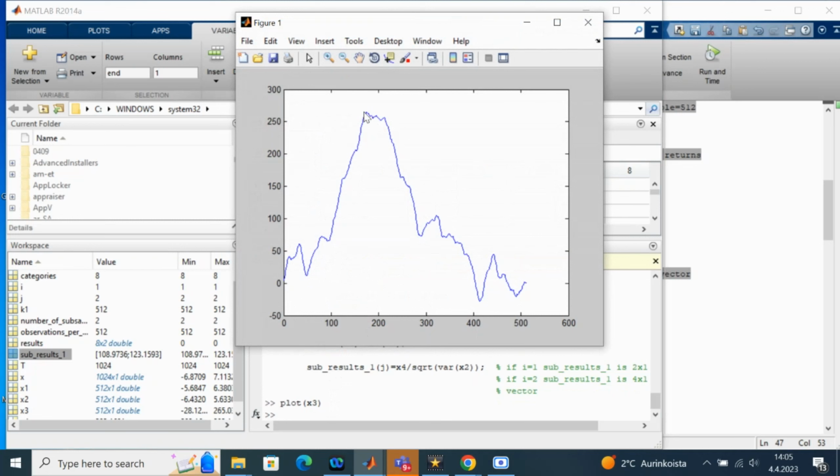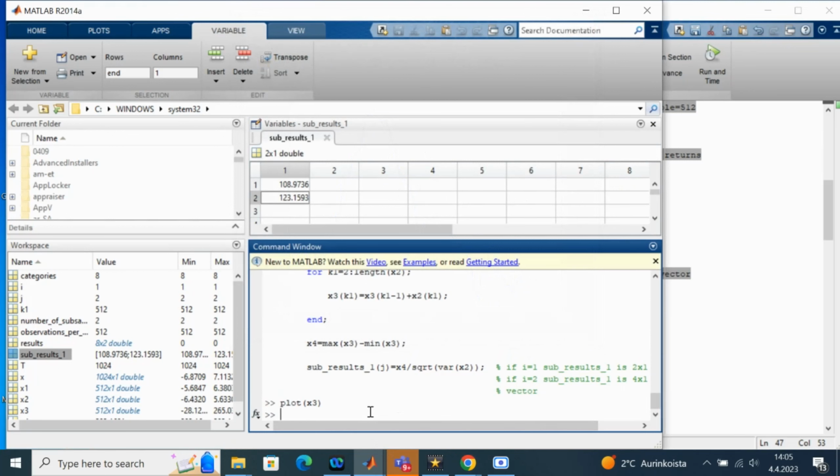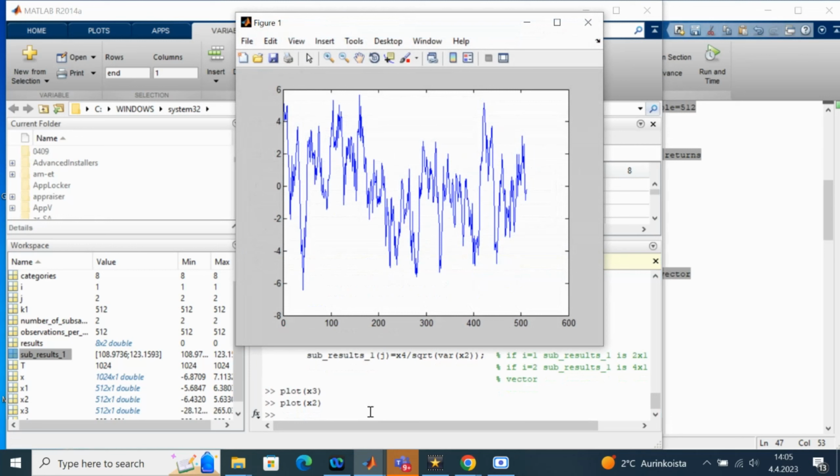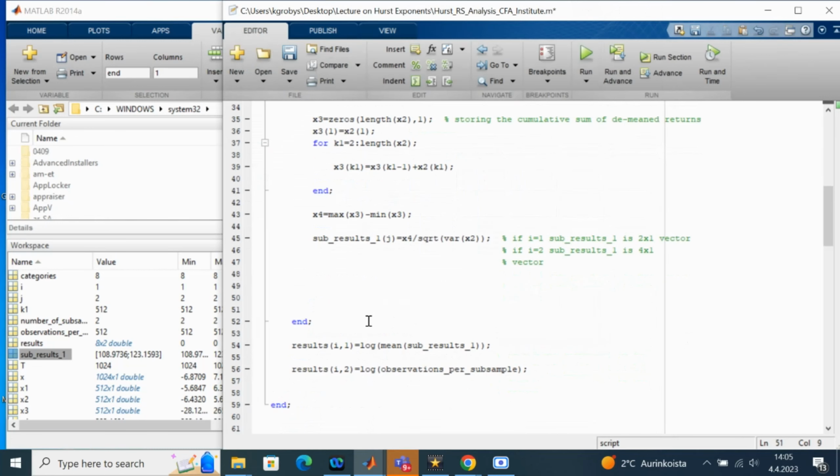So we have to take the maximum, which is here, and so the range from here to here. This is the sample minimum, and we have to divide it by the square root of the vector x2, which looks now like that. So this is what happens here.